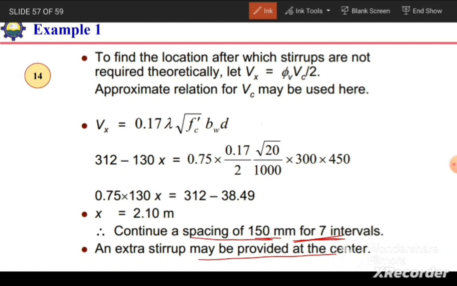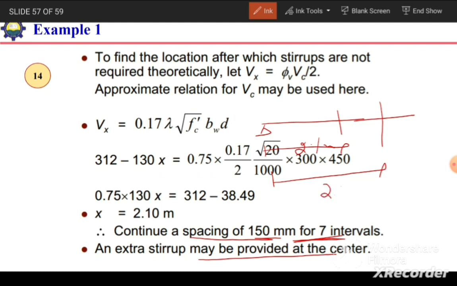So beyond this 2.1 meter, our center will be over here, which is 2.25 meter. So we have this much only, about 150 millimeters, so we can provide one more stirrup at the center of the beam. So it's optional, we can provide or we can skip this.